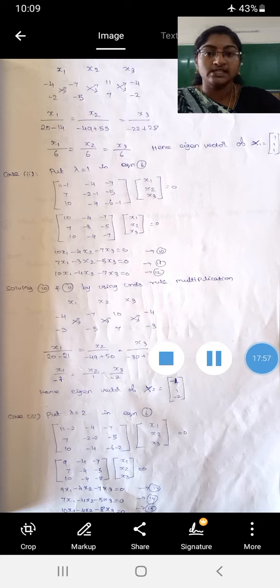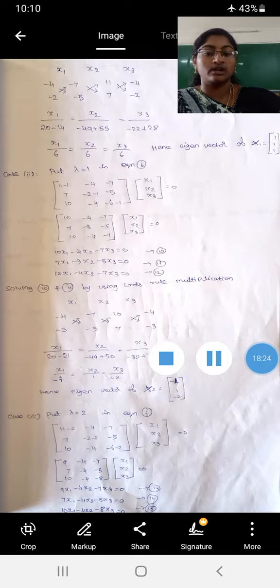Next, x3 divided by 11 into minus 2 is minus 22, and in the formula minus 7 into minus 4 is minus 28, so minus into minus becomes plus 28. By solving this we get x1 divided by 6, x2 divided by 6, x3 divided by 6. Dividing all the terms by 6, we get the values 1, 1, 1. Hence the eigenvector of capital X1 is 1, 1, 1.